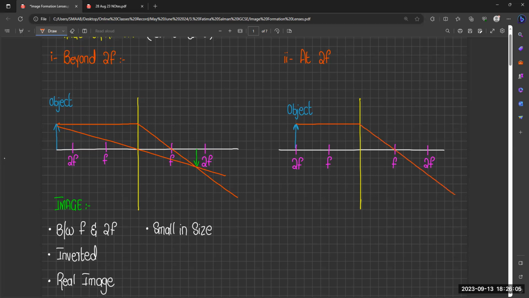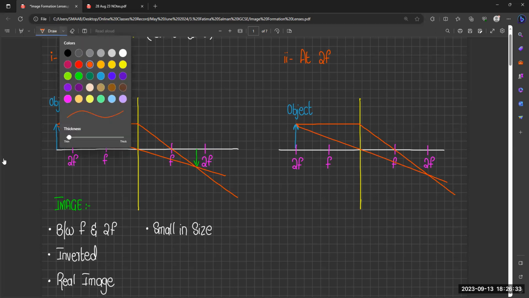This is the path of the first ray, right? Passing through the principal focus always. And if we consider the second one, you know that the second one will pass through the center and it will move in a straight line. So you can see that the lines are again intersecting and you will get the image over here.